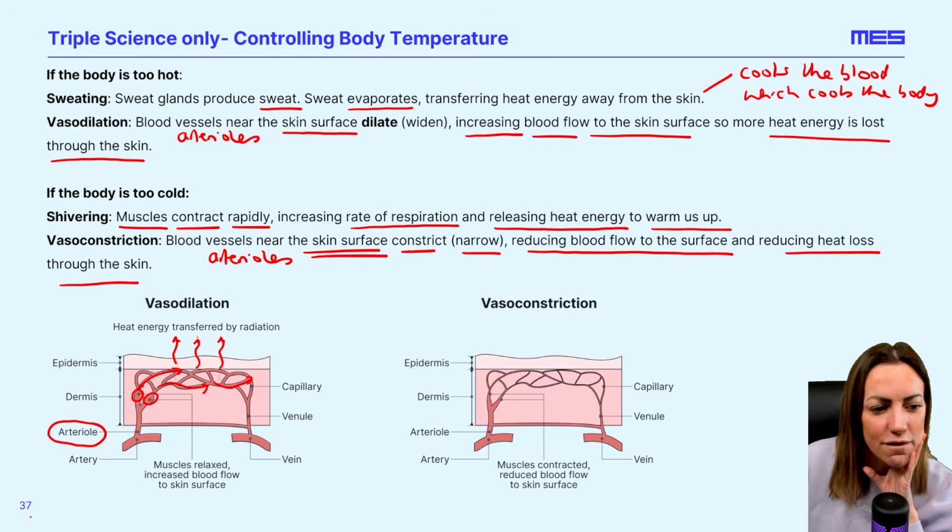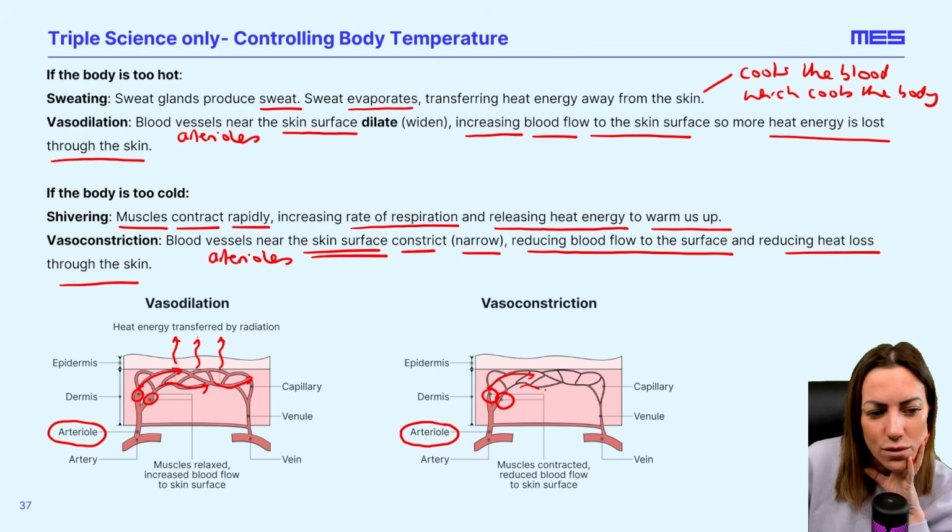I'll show you a picture of vasoconstriction. So again, we've got the artery supplying blood to the skin. That branches into a smaller arteriole. It's actually the arterioles that constrict. So they've got a little bit narrower here. If they narrow, less blood flows close to the skin surface, so you can see there's less heat energy.